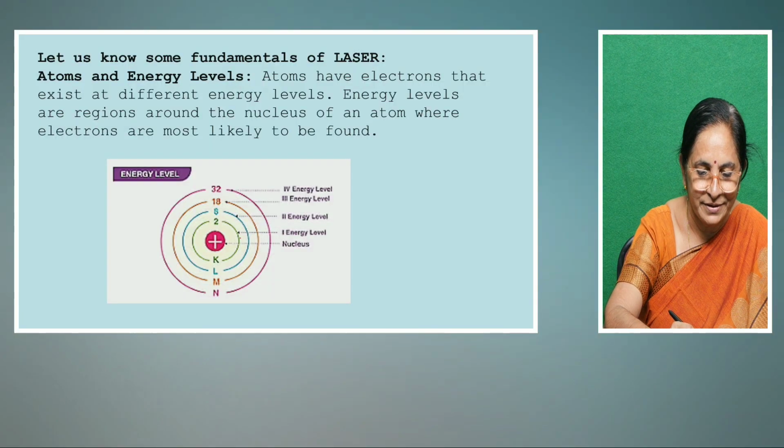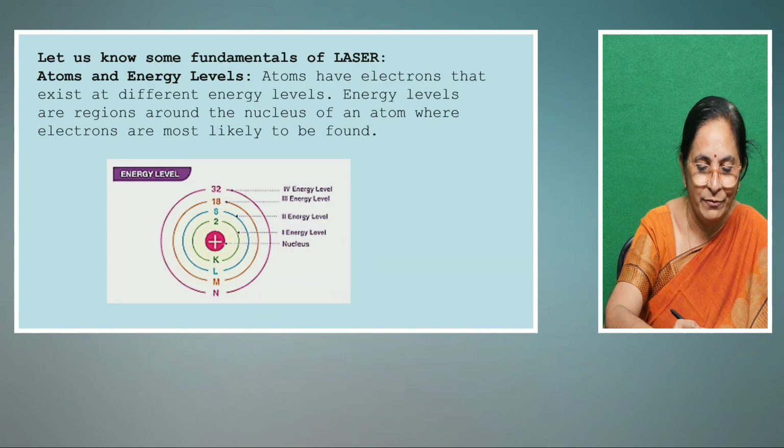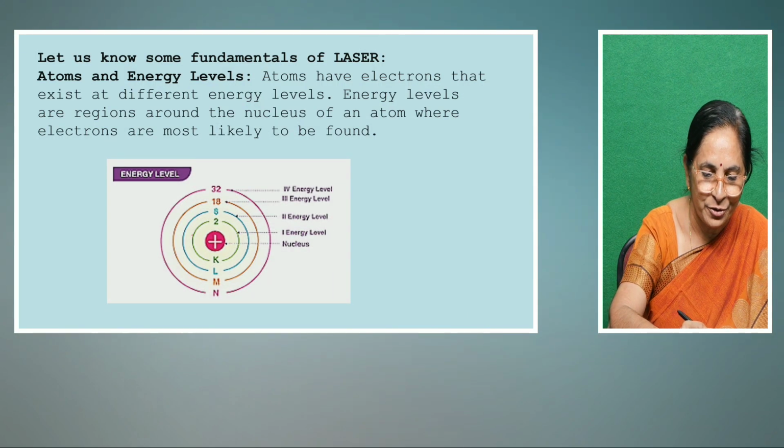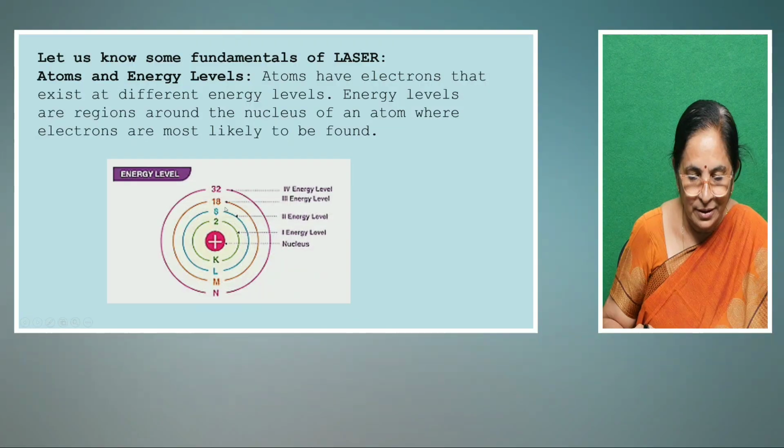This is the first energy level, this is the second, third, fourth and so on. You would have studied in lower classes that in the first orbit 2 electrons revolve, in the second orbit 8 electrons, the third can have 18 and the fourth 32 and so on. This is the structure of the atom.